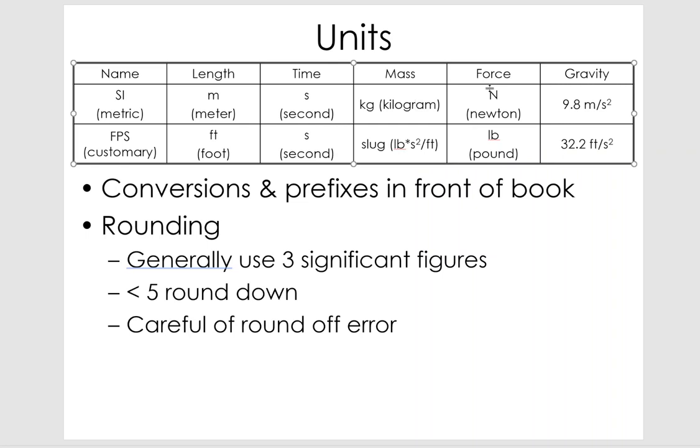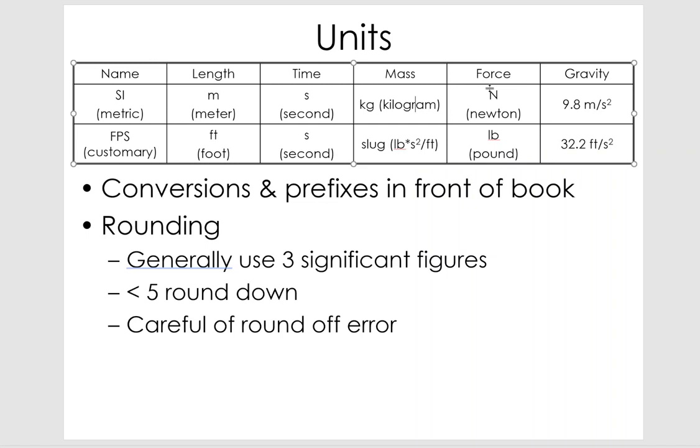Now, if we think about gravity, the question becomes: if I have 1 kilogram, how much does it weigh on planet Earth? What is the force due to gravity on that mass? A 1 kilogram mass actually weighs 9.8 newtons, or the gravitational force of the Earth is 9.8 newtons on the 1 kilogram. So the acceleration due to gravity is 9.8 meters per second squared. That's the difference between a mass and a force.